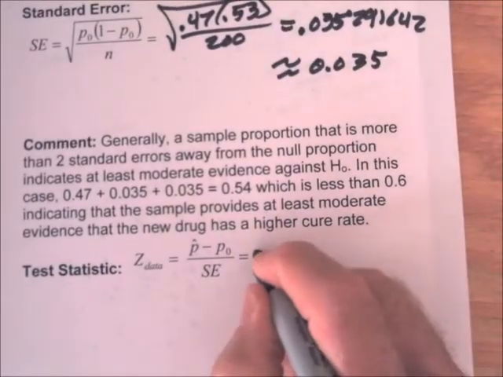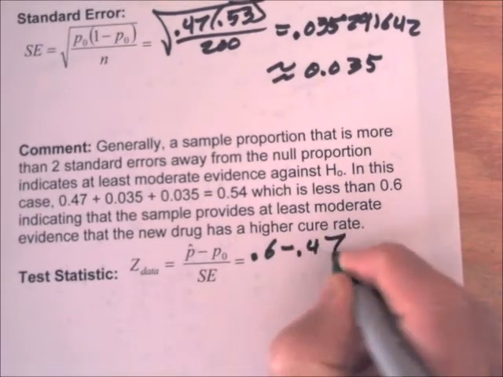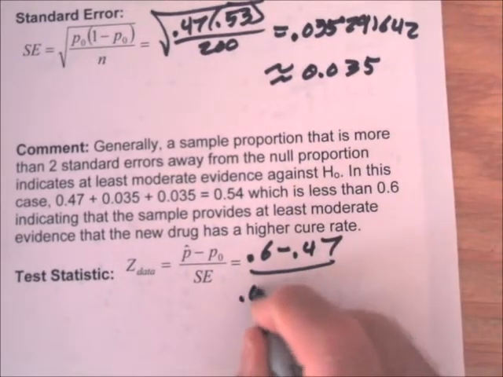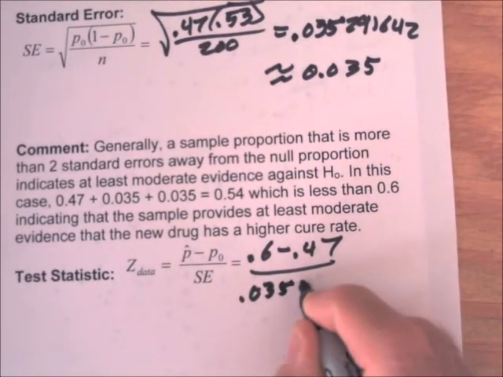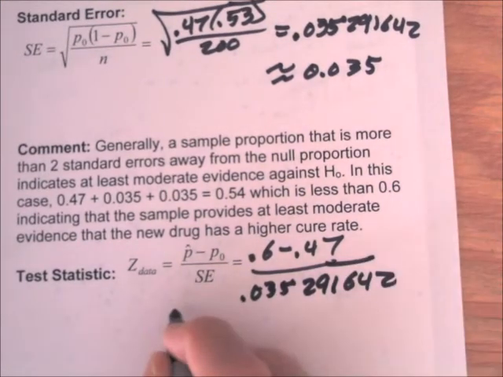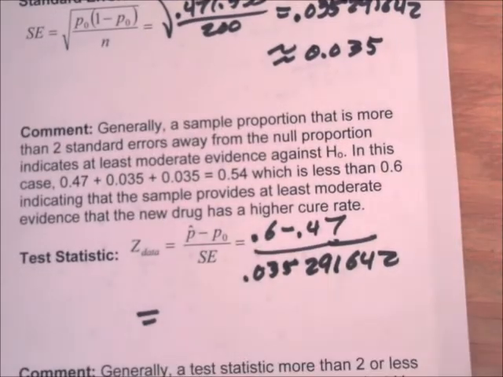So p hat is 0.6, p0 is 0.47, and we already computed the standard error here. It's 0.035291642. So if we do that computation, 0.6 minus 0.47, divided by the standard error, we get approximately 3.68.